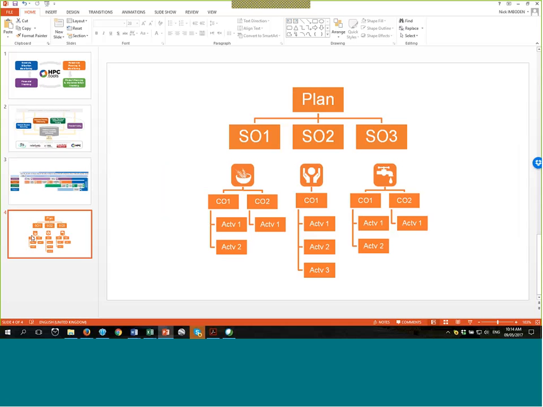Now, this plan may look different from one country to the next, and the structure of the plan may look different from one country to the next, which is why RPM is completely flexible. But generally speaking, every plan does have some form of framework or log frame, and the idea is that we can support both the creation of that log frame and then subsequently throughout the year, the monitoring of all of the indicators and caseloads and information that you've attached to that log frame.